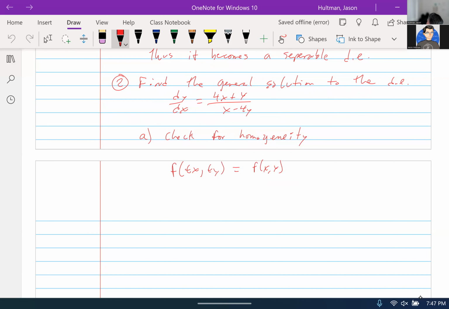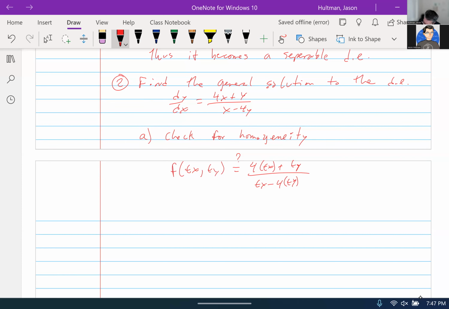But what does f of tx, ty look like? Well, it looks like 4 times tx plus ty all over tx minus 4 ty.